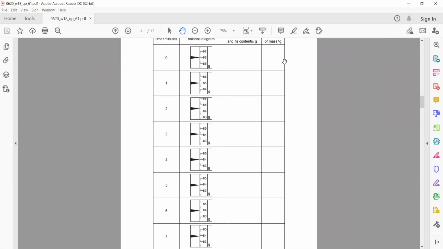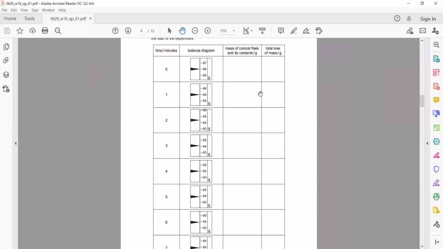So I want everyone to use the screen annotation and complete the table. The first one is mass of conical flask and its content and total mass loss.